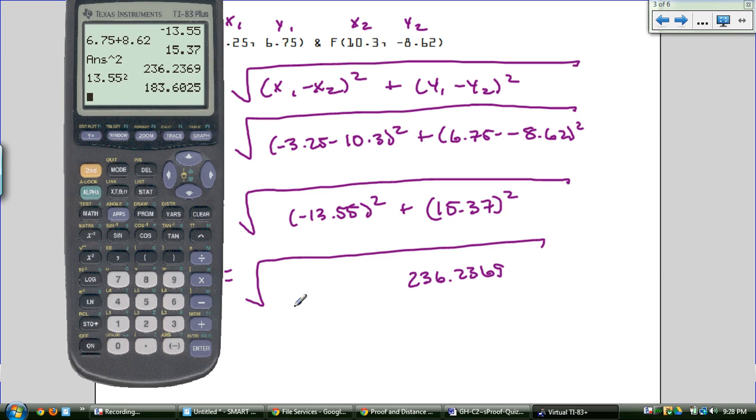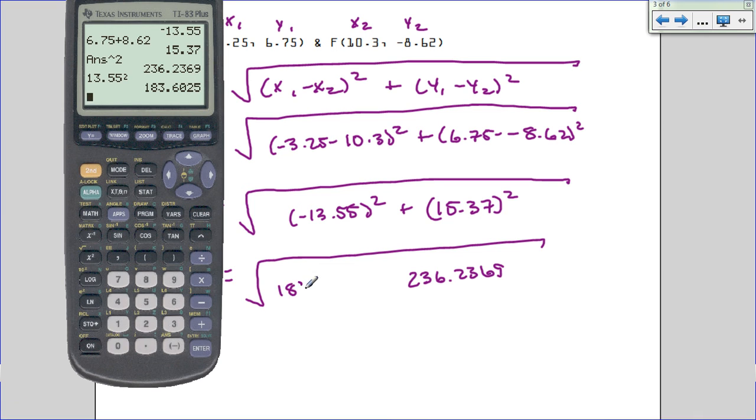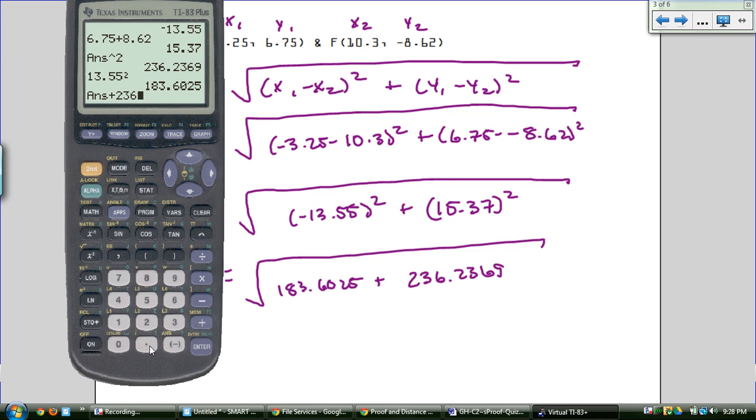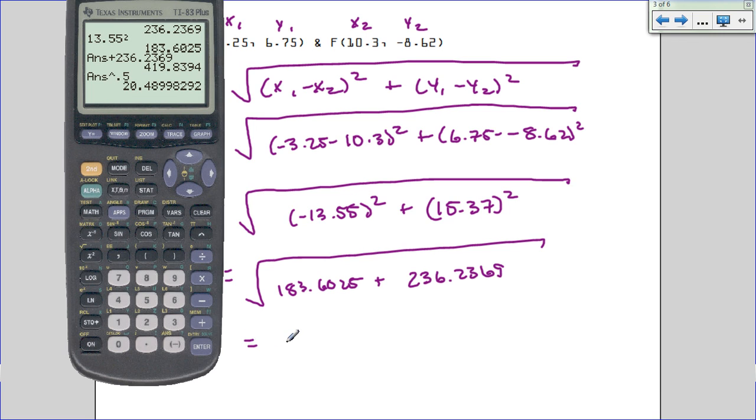Okay, so add those together and then take the square root. I should end up with an approximate answer of 20 point, and again, let's round here. So this kicks up that 9, so it'll be 20.4900.